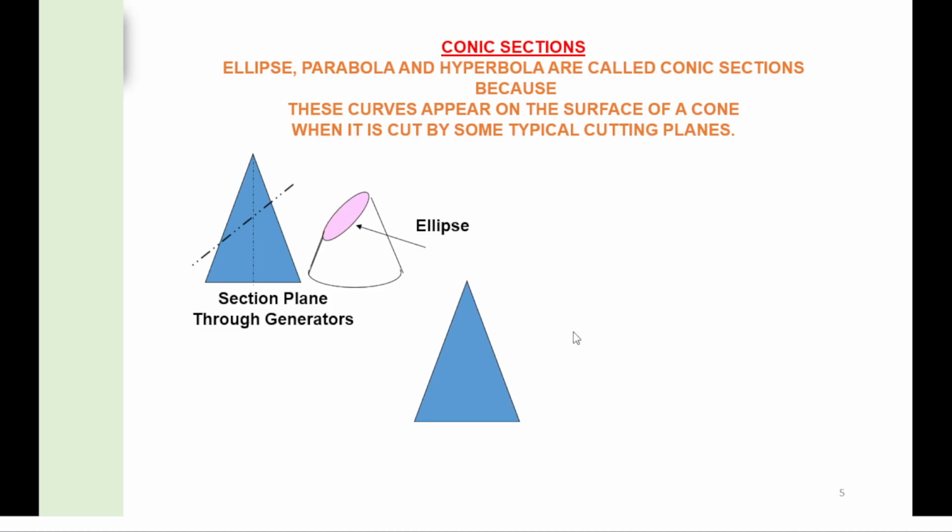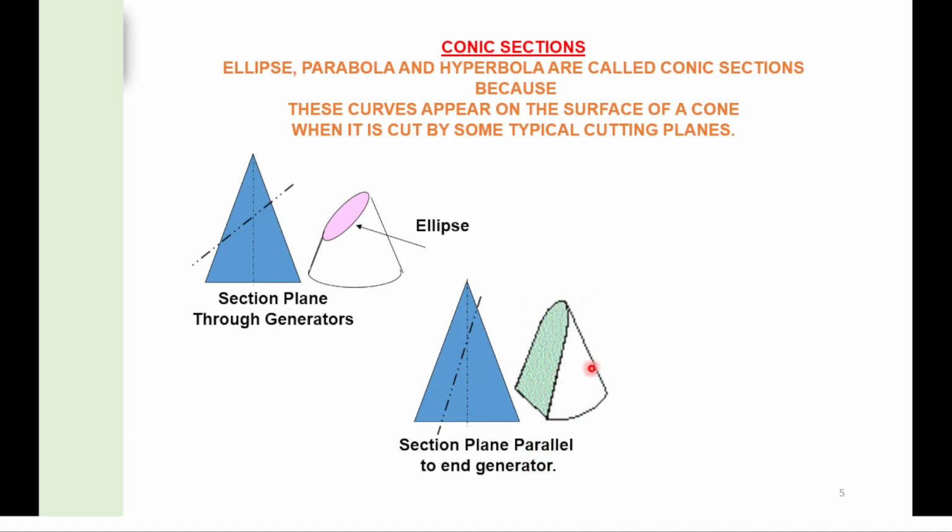Now consider the second right circular cone. This is the axis, this is the apex, and these are the generators. Imagine this is the cutting plane. This cutting plane is parallel to one of the generators, and it passes from this side towards this side of the axis. When the cutting plane is parallel to one of the generators, the curve obtained is known as a parabola.